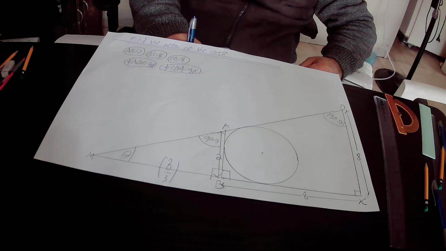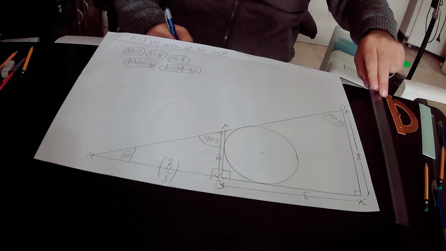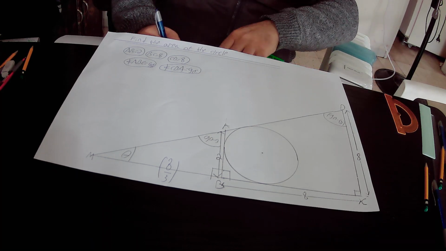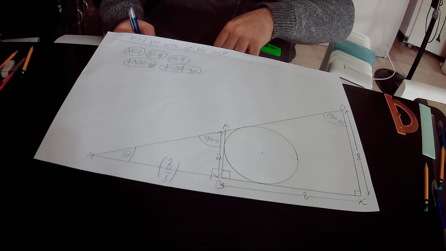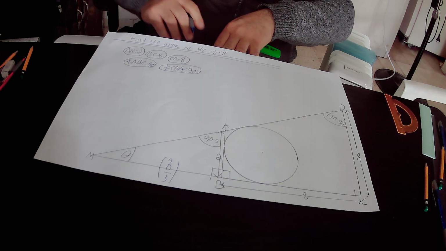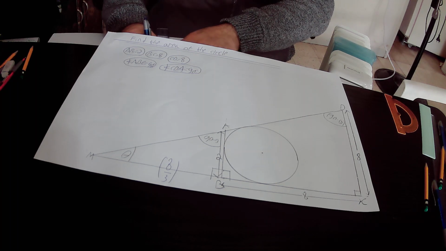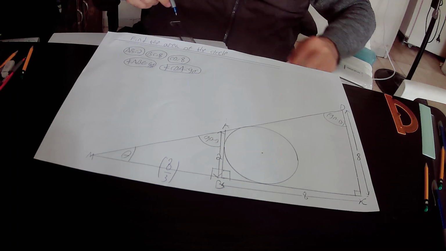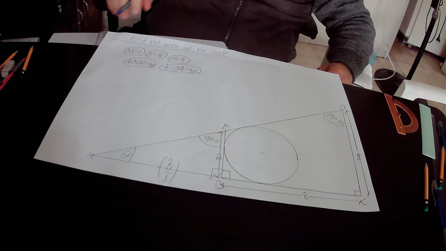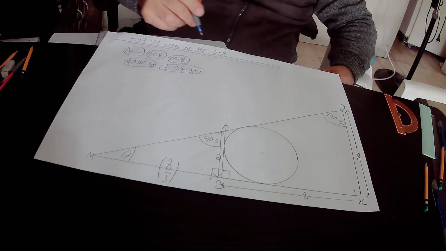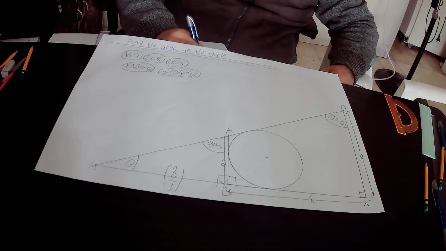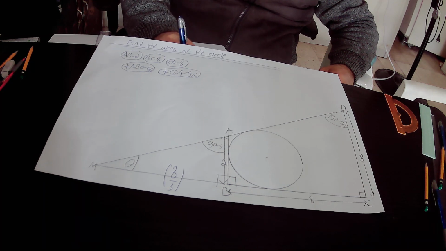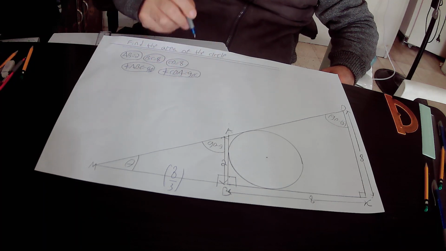According to the Pythagoras theorem, in any right triangle, the square of the hypotenuse equals the sum of the squares of the perpendiculars. The hypotenuse in the right triangle MBA is AM, therefore the square of the hypotenuse is AM squared. This equals AB squared plus BM squared.